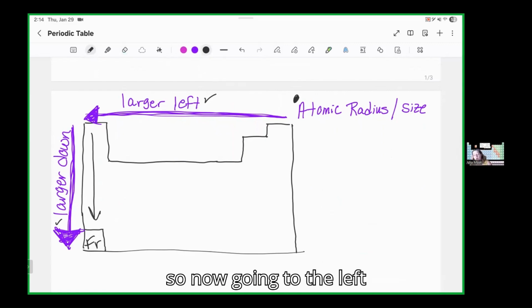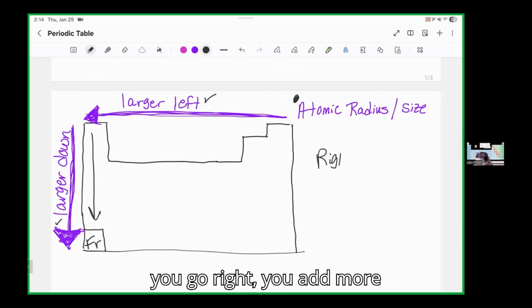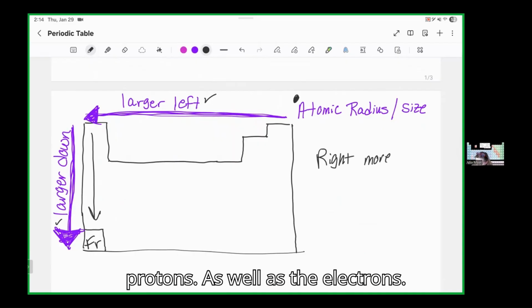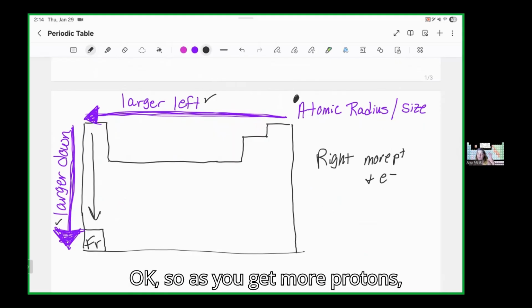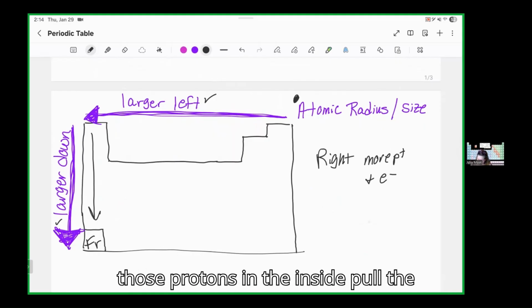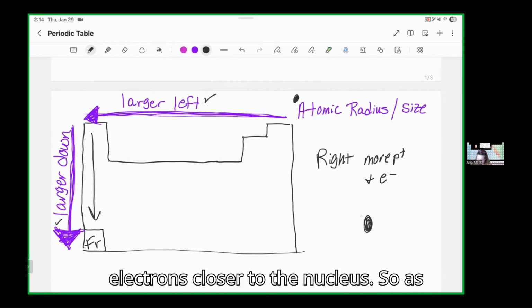Now going across the periodic table, you might feel like, as I go right, I add more electrons, so I should get larger. But as you go right, you add more protons as well as electrons. Those protons on the inside pull the electrons closer to the nucleus.